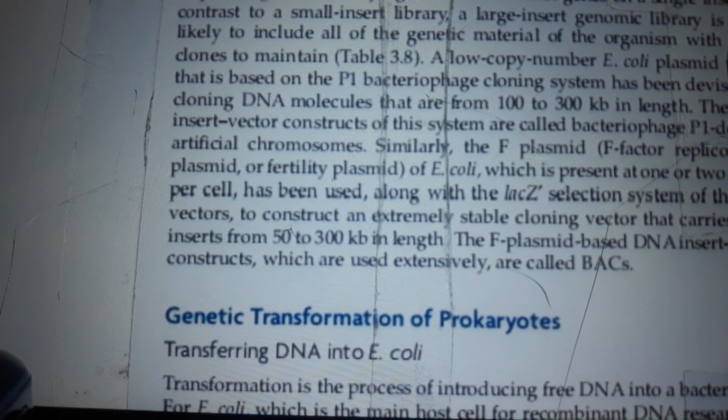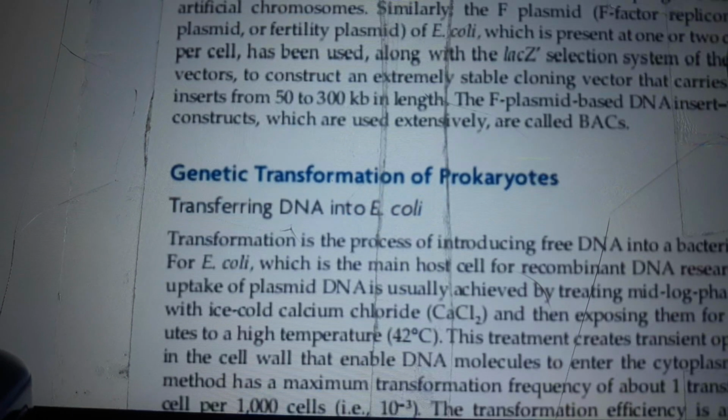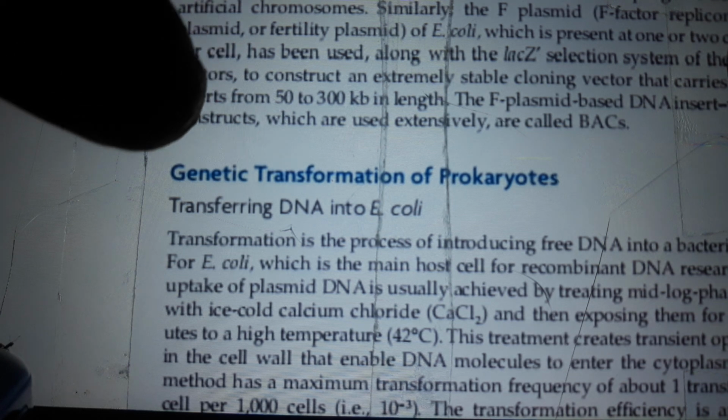Similarly, the F plasmid, F factor replicon, sex plasmid or fertility plasmid of E. coli, which is present at 1 or 2 copies per cell, has been used along with the LACZ selection system of the pUC vector to construct an extremely stable cloning vector that carries DNA inserts from 50 to 300 kb in length. The F plasmid-based DNA insert vector constructs, which are used extensively, are called BACs.